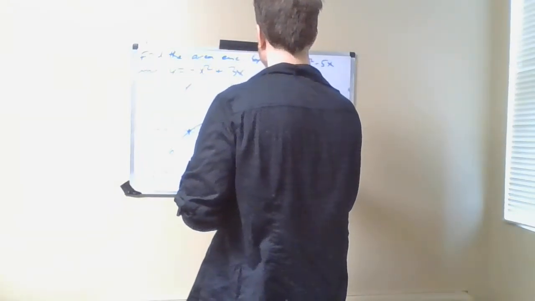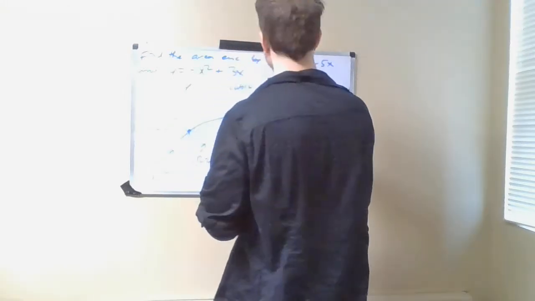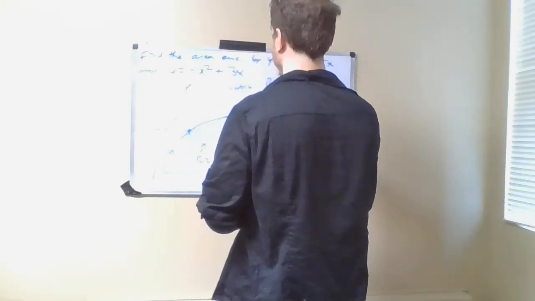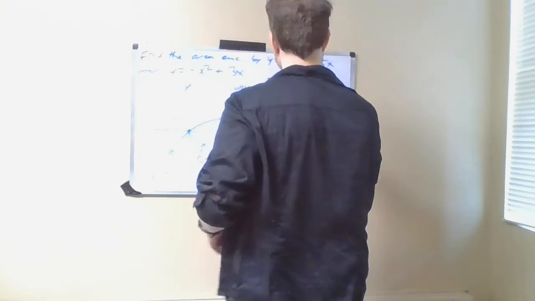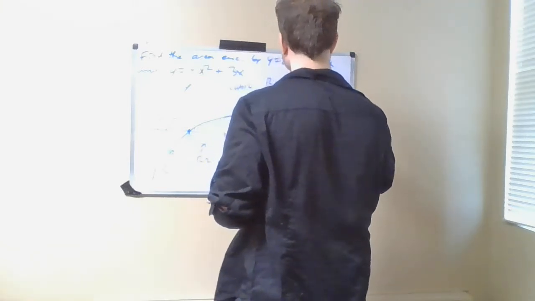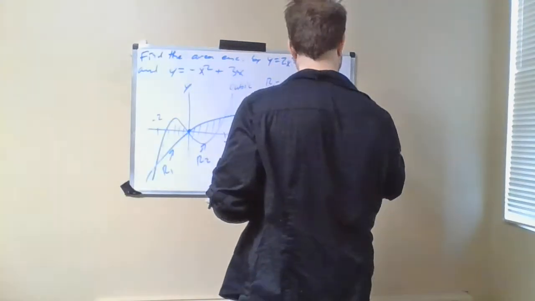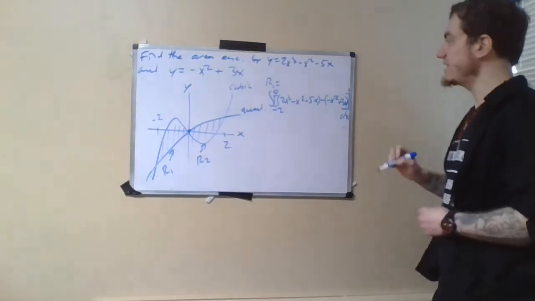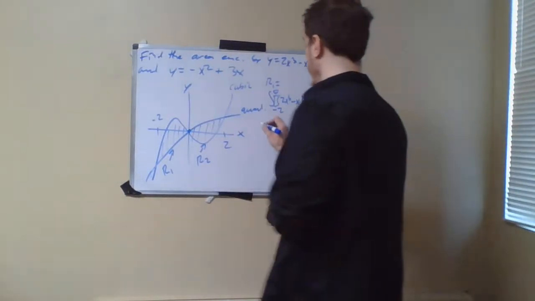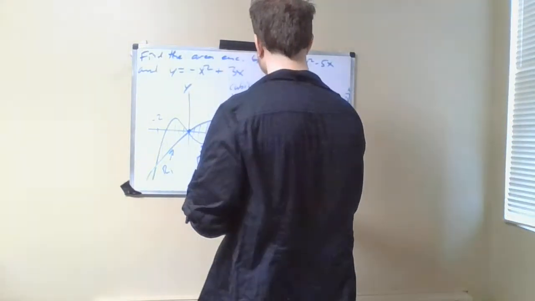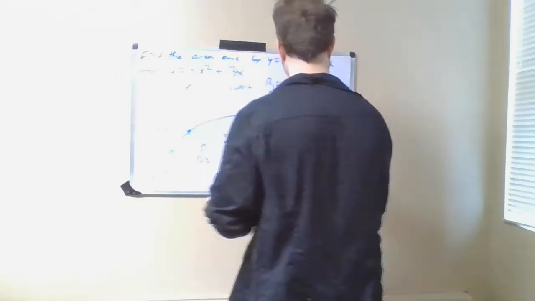So R1, this is going to be the integral from minus 2 up to 0 of 2x cubed minus x squared minus 5x minus negative x squared plus 3x. And all of this is multiplied by dx. So this is going to be the integral from minus 2 up to 0.